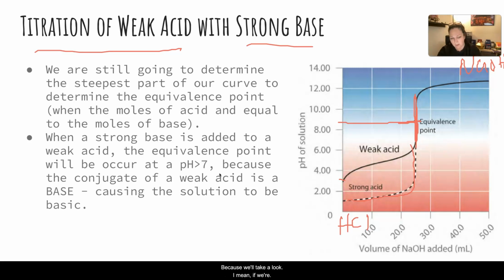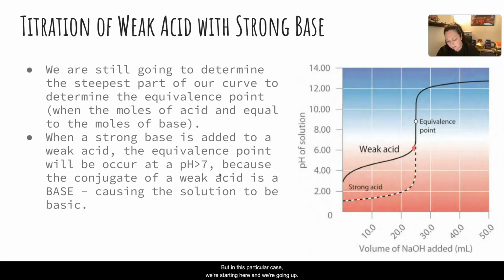If we started down here and went all the way up, that's a much larger range. But in this particular case, we're starting here and going up. So that inflection point isn't as wide when you're dealing with something weak. It could be acid or base. When one of them is weak, you won't see such a big inflection point.